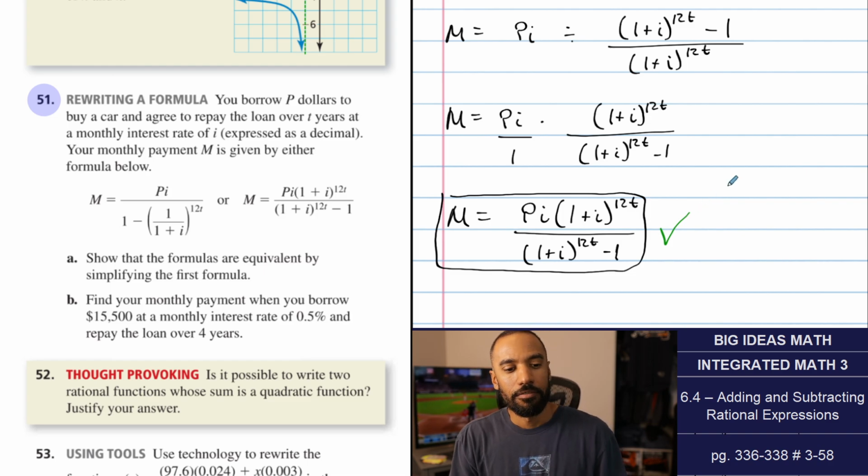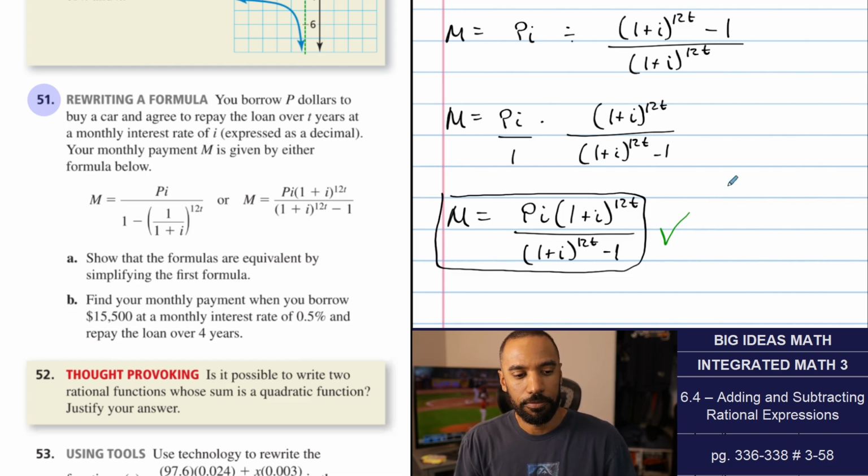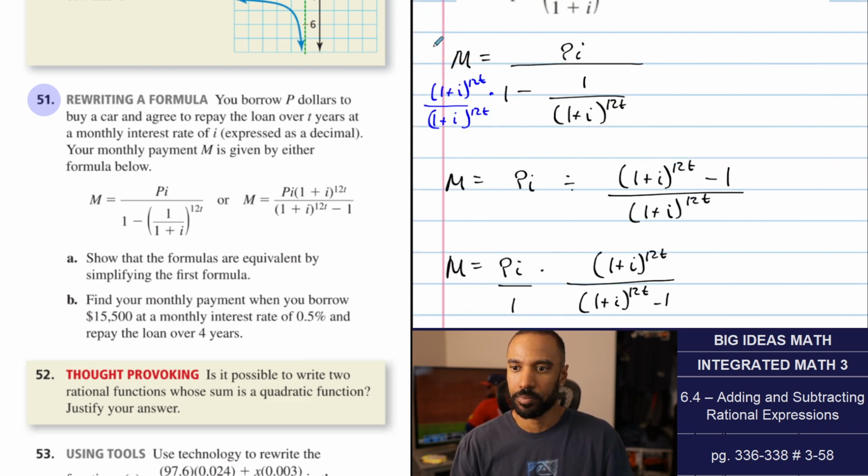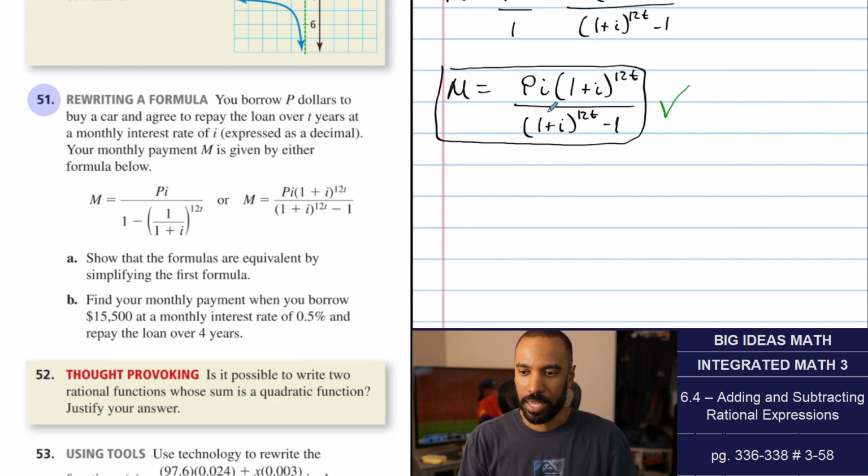We're good. Find your monthly payment when you borrow $15,500 at a monthly interest rate of 0.5% and repay the loan over 4 years. So for part B, because that was part A, I'm going to use the simplified version.